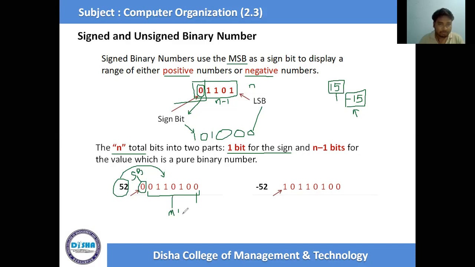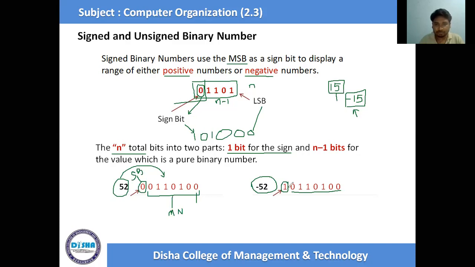Similarly, this is the same decimal number, but this one is a negative number. This is the sign bit, and the remaining bits are the magnitude of this binary number. It is the actual binary number. So from this scenario, we got that if the sign bit is 0, the number is positive.